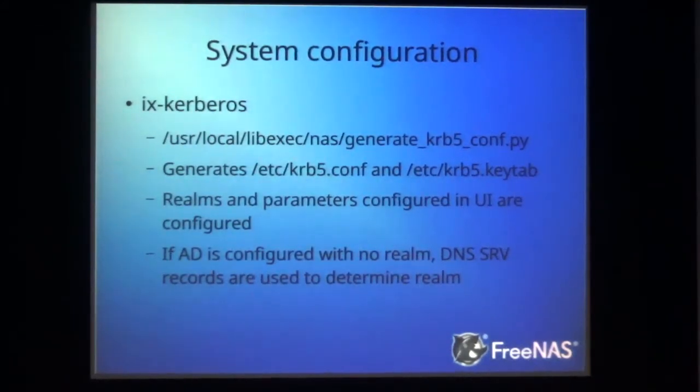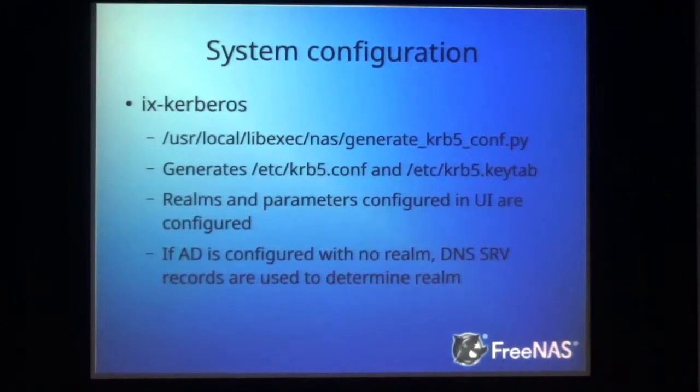The next script that is invoked is ixkrb5, which is just a wrapper around a Python script, the generate krb5 conf py file. It can do a number of things. It will take any realms you have configured in the UI, as well as any auxiliary parameters, and generate the file, or it'll look it up by SRV record.